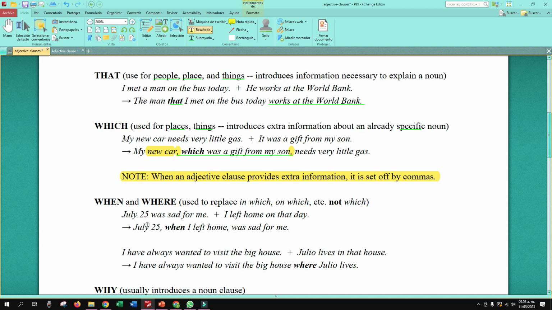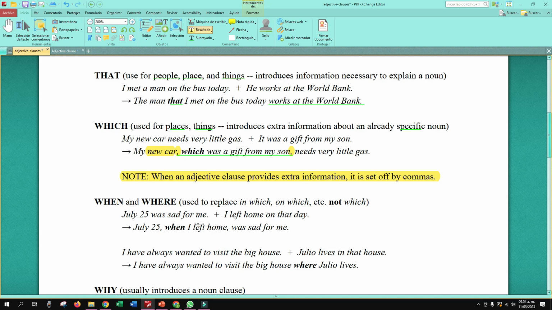July 25th was sad for me. I left home on that date. So, July 25th, comma, because you're adding information about that date, when I left home, was sad for me, right?